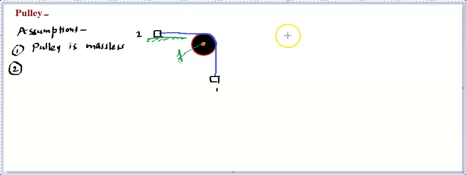If I draw this pulley separately and that string as well, the contact point, I'm only focusing on this portion. So you'll find what is happening in these two. This string passes over it, and then becomes vertical, and this becomes horizontal. So if you look at this point, which was the contact point, this point will have a velocity in the tangential direction.